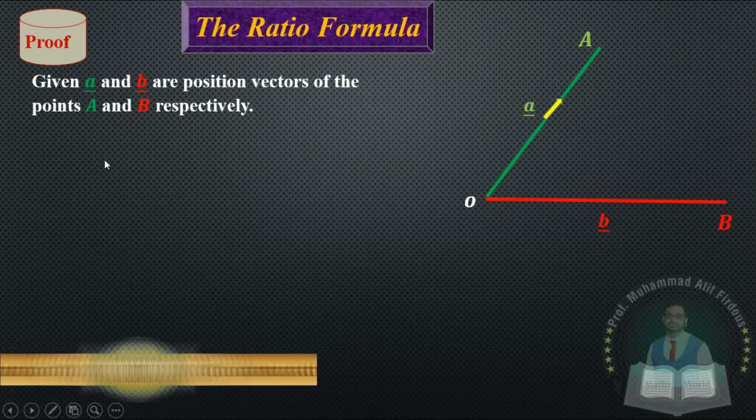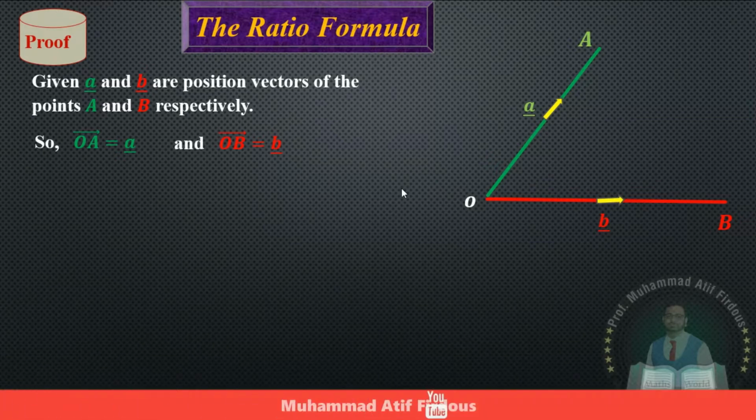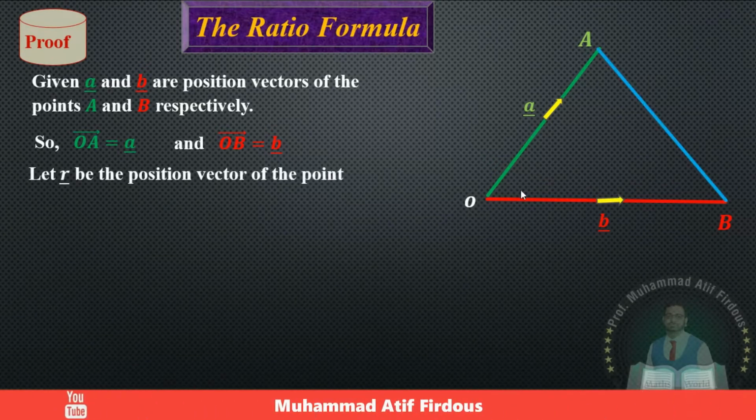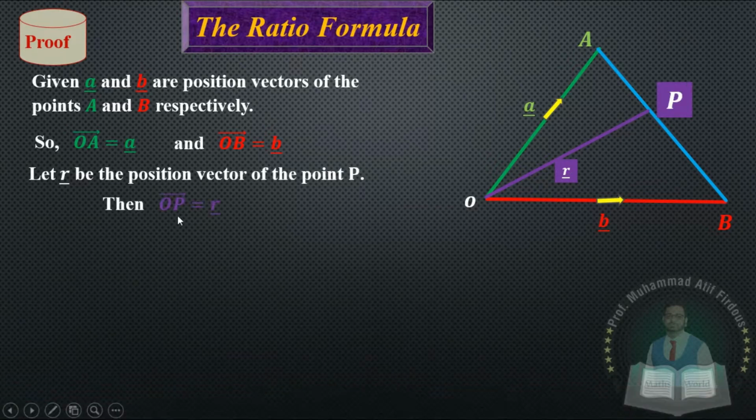Now OA is equal to a, then OB must be equal to b according to your statement. Any problem? Next point is, let r be the position vector of the point P. The position vector of the point P must be equal to r, and then OP must be equal to r. Any problem? Okay.